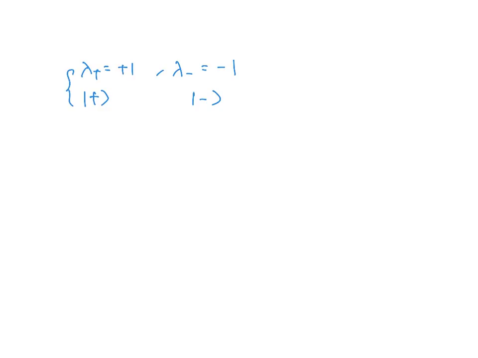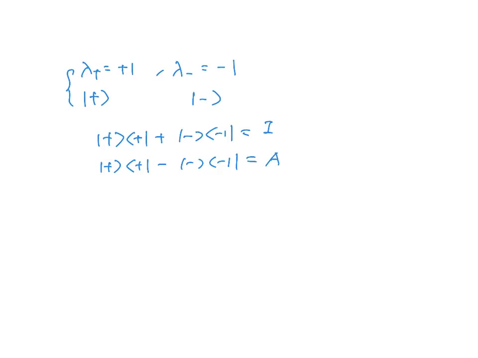The question was, you find the outer product without actually calculating the eigenvector. So you can use these two properties: |+><+| plus |-><-| is equal to I, right? And |+><+| minus |-><-| is equal to A, right?